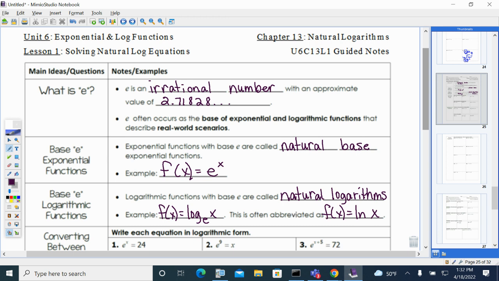Logarithmic functions with base e are called natural logarithms. An example here is f of x is equal to log base e of x, and this is often abbreviated as f of x is equal to the natural log of x. So rather than writing log base e, we just write ln. And that is an L, it is not an I.